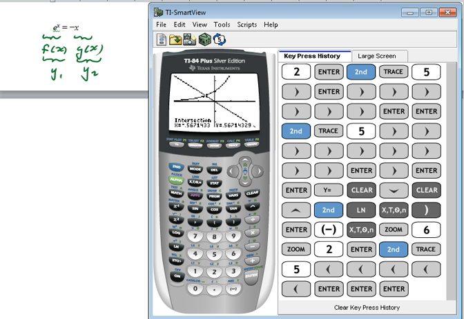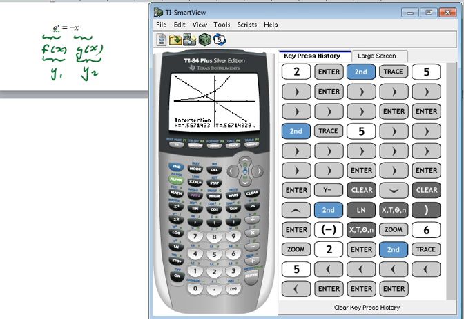And the point of intersection is negative 0.567 as an x value and positive 0.567 as a y value. And so notice that because it has to be on the line y equals the opposite of x, the two coordinates of the intersection point are opposites of each other.